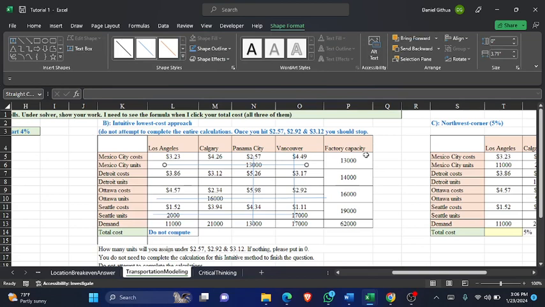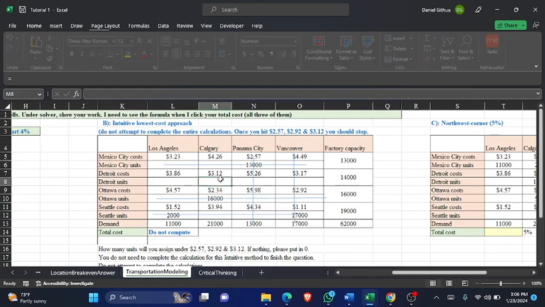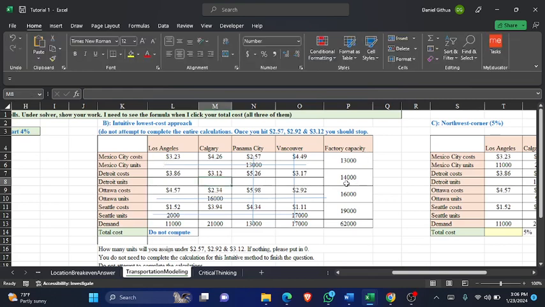Now from 2.57, the next one is 3.12. Now we check. The factory capacity is 14,000 units, and the units demanded are 21,000.